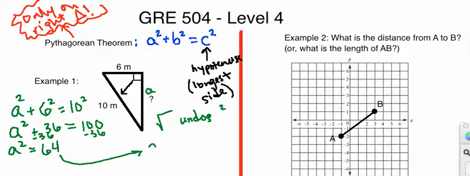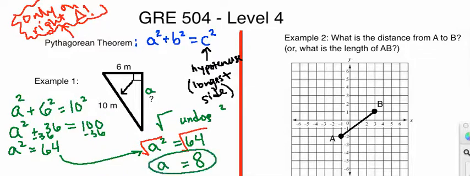So we need to take the square root of both sides. Sorry, it's getting all Christmassy up in here. When we take the square root of 64, we get 8. And the square root of a squared, well, that square root undoes the square, so we just have a. So this would be the solution for a in this case, for that missing side. And since the units were in meters, it would be 8 meters.